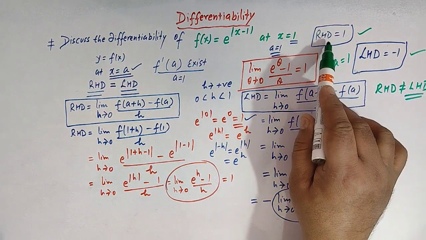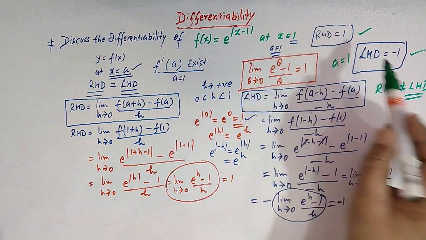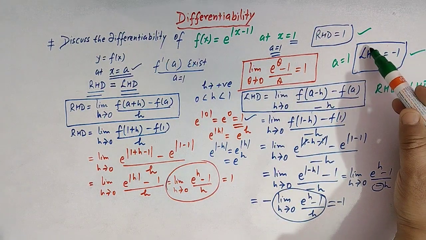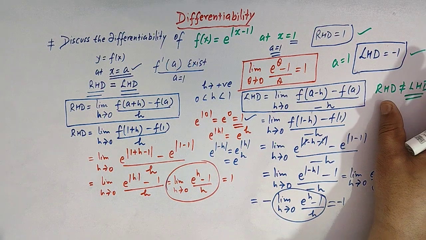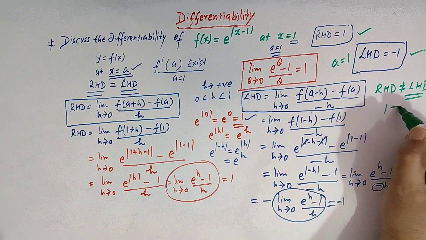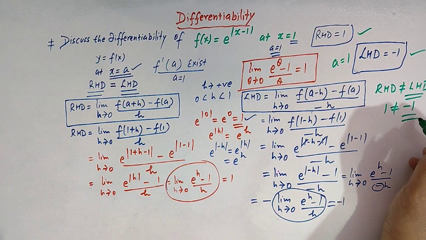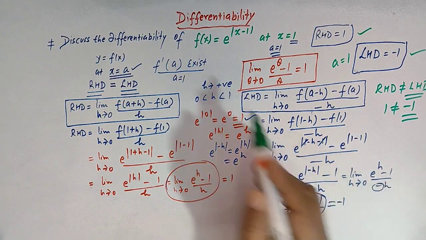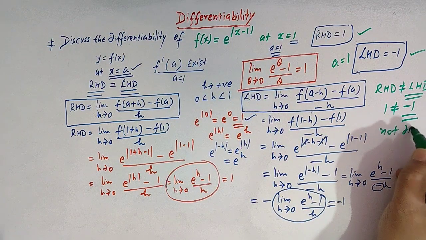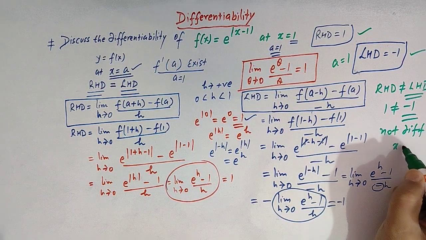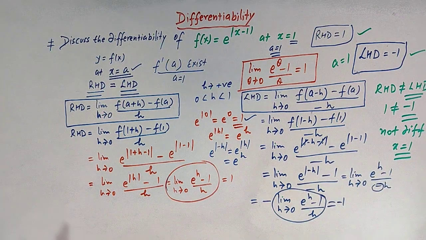Although the right hand derivative is finite and exists, and similarly the left hand derivative is finite and exists, both the derivatives are not equal. That is, 1 is not equal to minus 1. So we can claim that this function is not differentiable at x equals 1. This is how we can test the differentiability of any function at a given point.